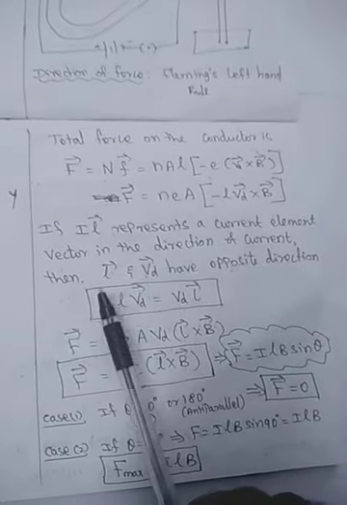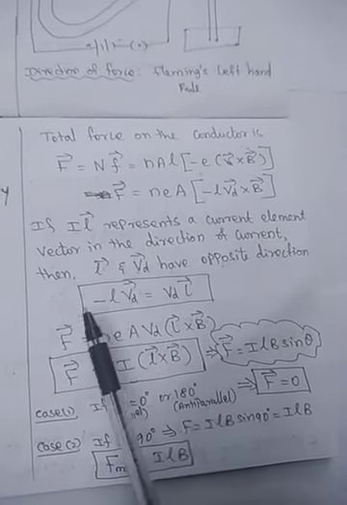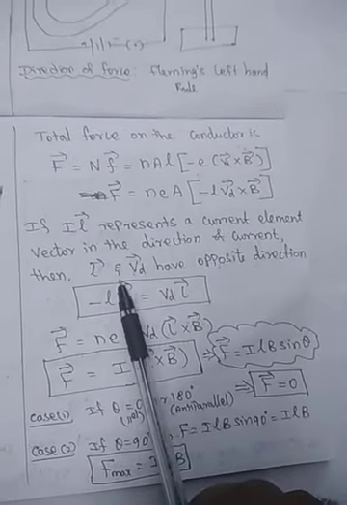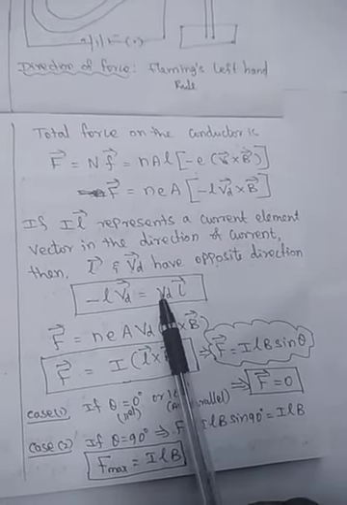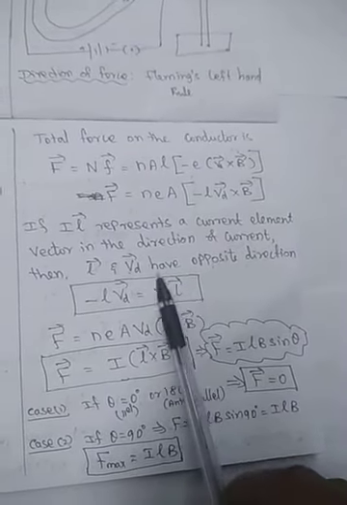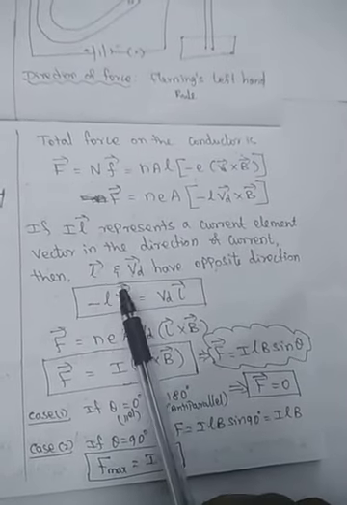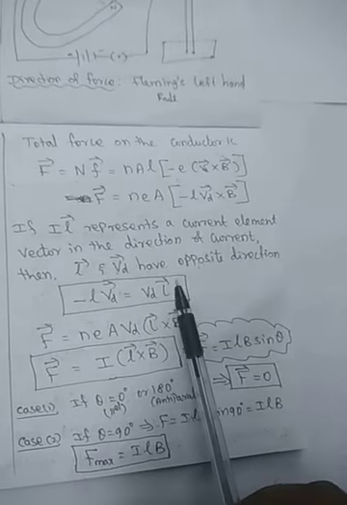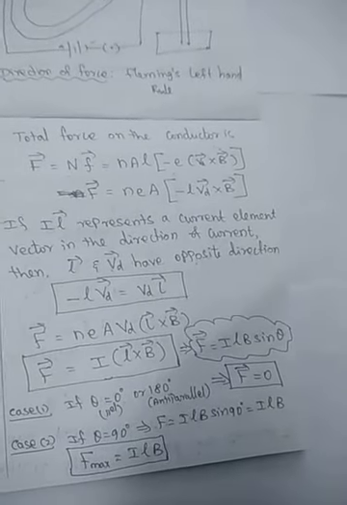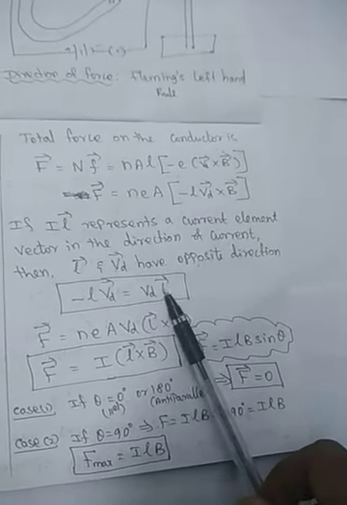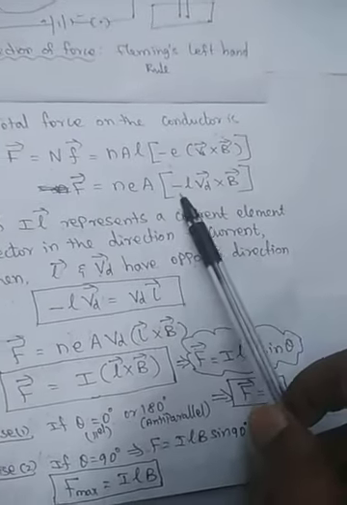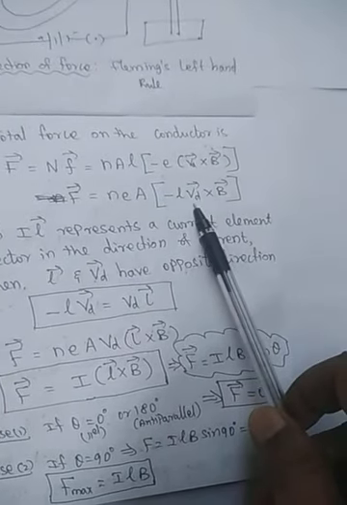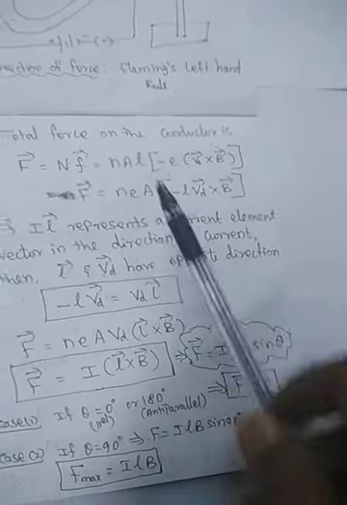Hence, in vector algebra, minus L Vd vector is equal to Vd times L vector. The minus sign goes off, and the vector sign moves to the length element L. So minus L Vd vector is equal to Vd L vector.